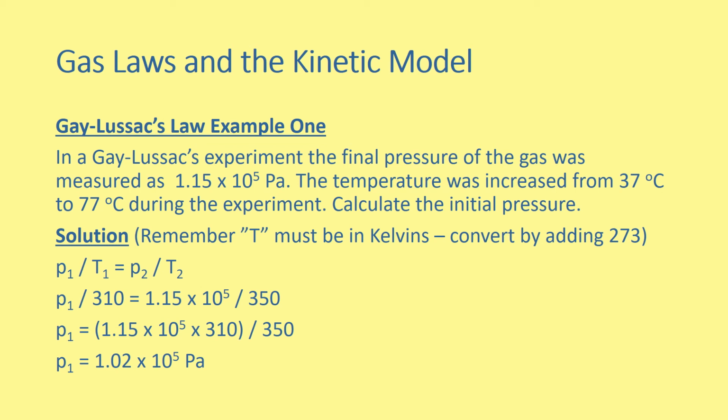The temperature has to be in kelvins for the calculation to work. That's why 310 is used for T1 and 350 is used for T2.